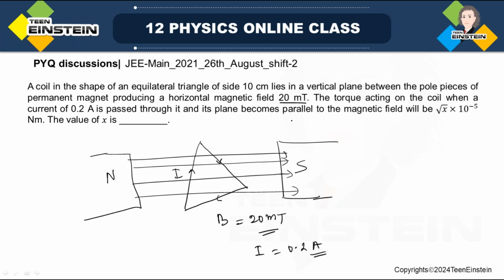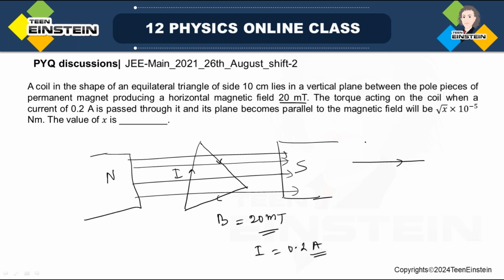What is the torque acting on the coil when the current of 0.2 ampere is passed through it and its plane becomes parallel to the magnetic field? That means you have your plane of the triangle like this, and the magnetic field lines are this.